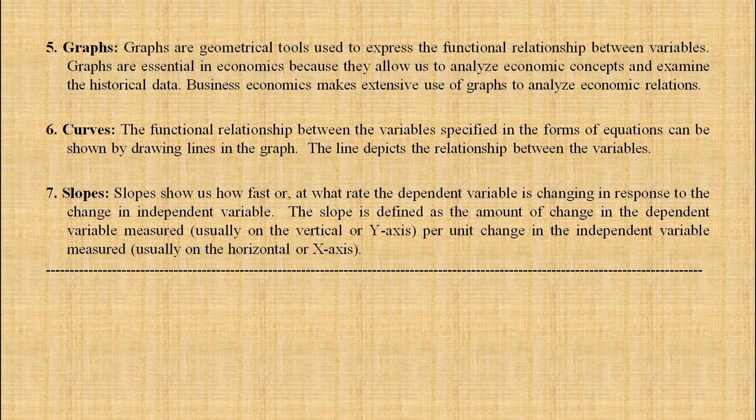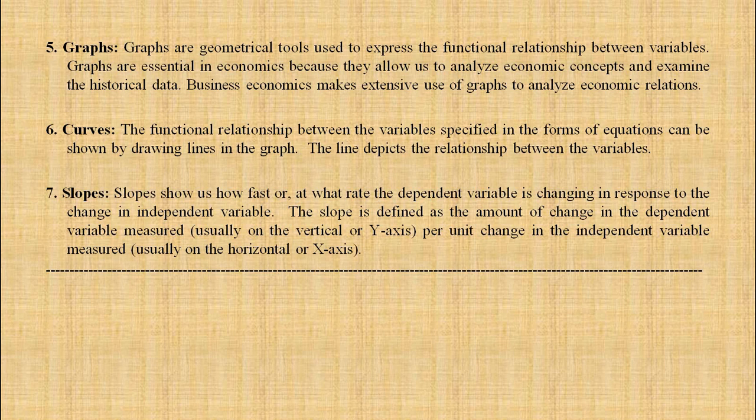Next, slopes. One of the important ways to describe the relationship between two variables is by the slope of a line. Slopes show us how fast, or at what rate, the dependent variable is changing in response to the change in the independent variable.